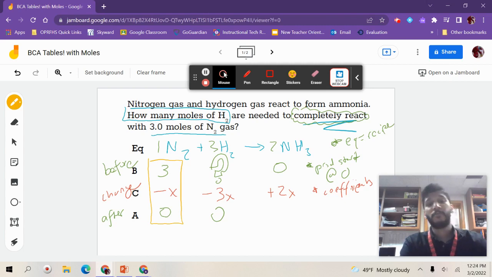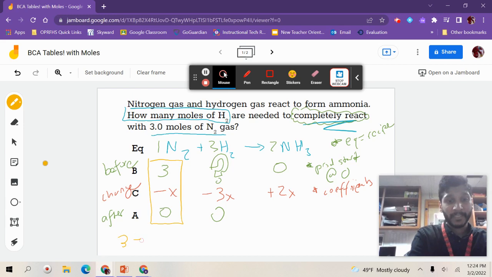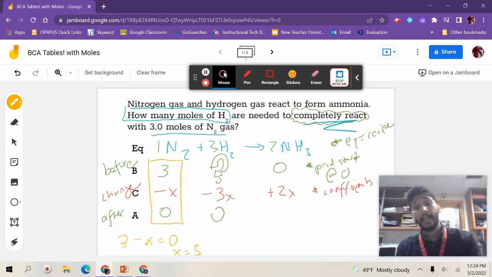Just looking at this, if we're starting off with 3, it's going down by X and ending up at 0. What is X going to be? It's going to be 3, right? So if I've got 3 minus X equals 0, my X is going to represent 3. If I just isolate my variable, add X to the other side, X equals 3. So our X is going to equal 3.